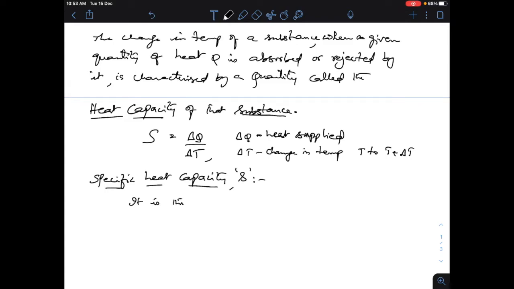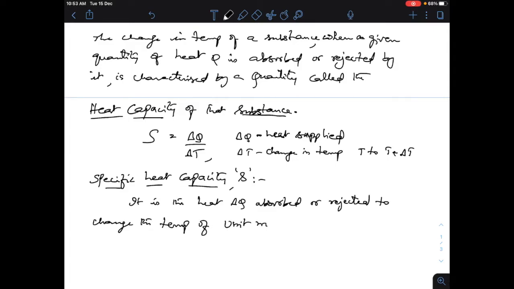It is the heat delta Q absorbed or rejected to change the temperature of unit mass of the substance by 1 unit.